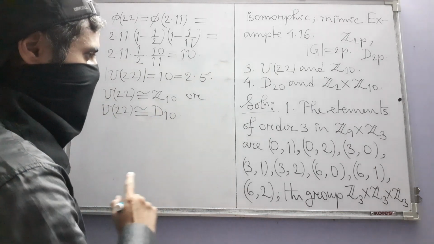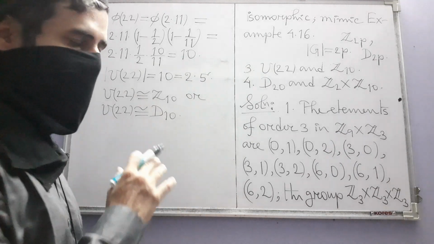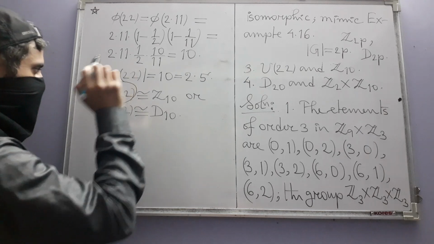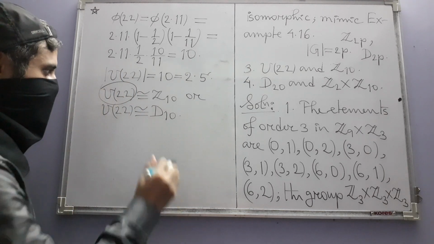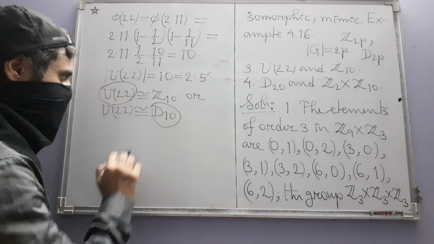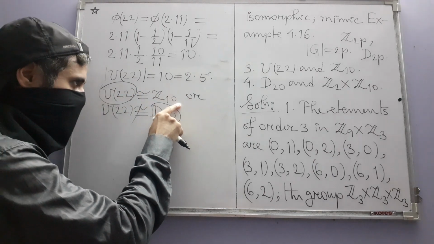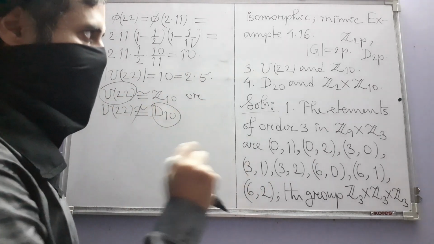However, we know that isomorphic groups are either both abelian or both non-abelian, and we already know that this group is abelian, but D10 is not abelian, so this cannot be the case. That's why this has to be isomorphic to this, and that's why they are isomorphic.